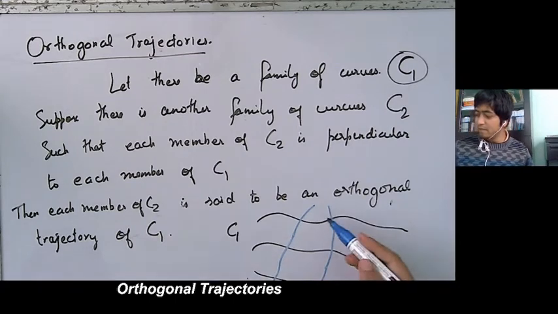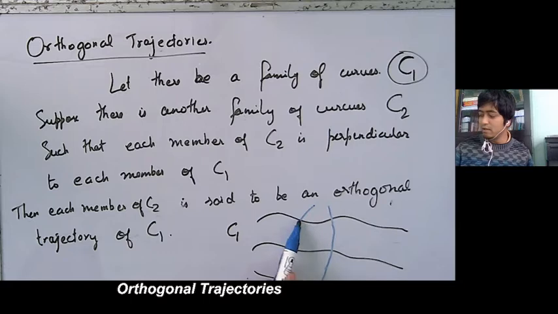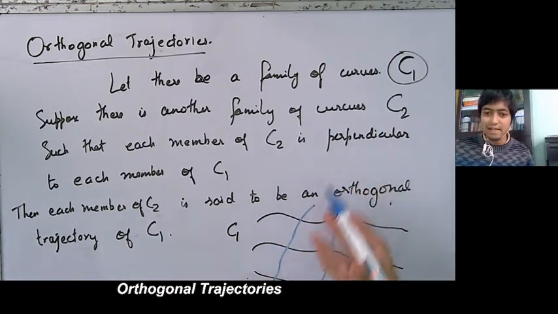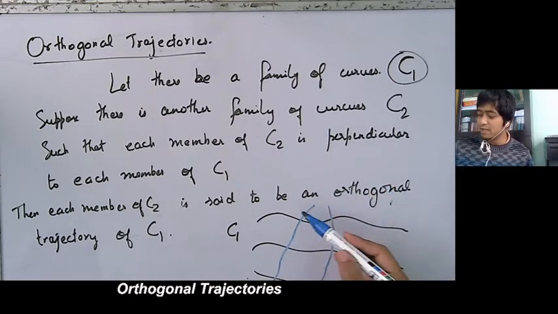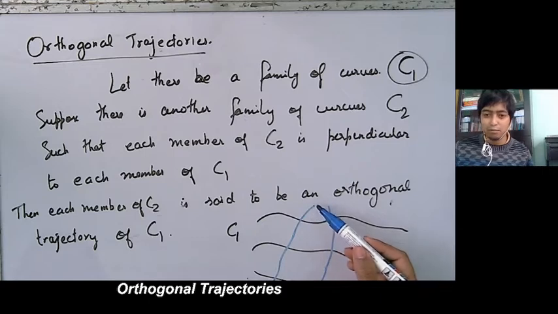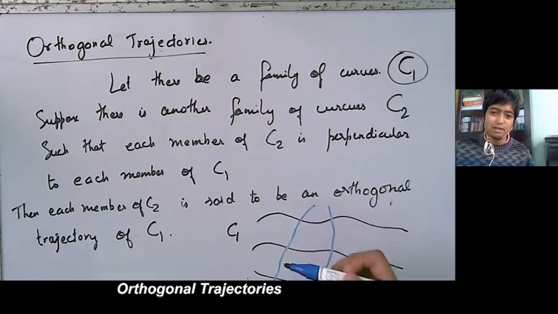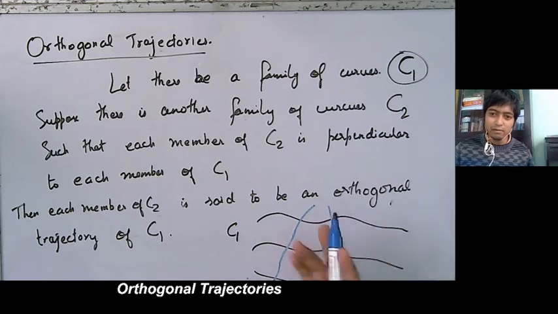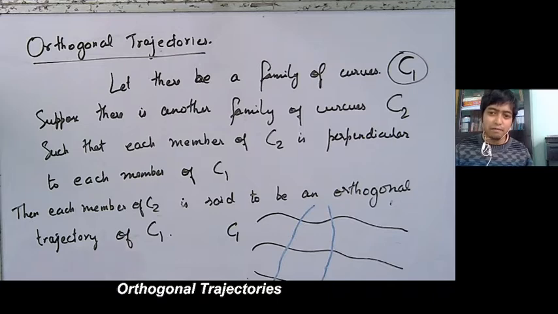You notice that we are not exactly having lines. What I mean to say is that these blue curves may not be straight, as in the previous example when we were having straight lines that are orthogonal trajectories of the circles.